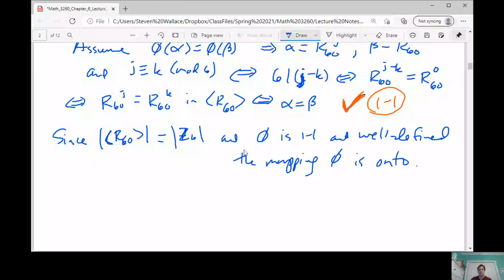Okay, we could have proved it separately, right? And it would have been obvious, right?